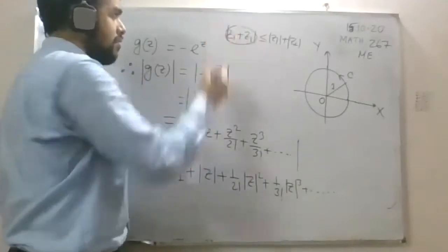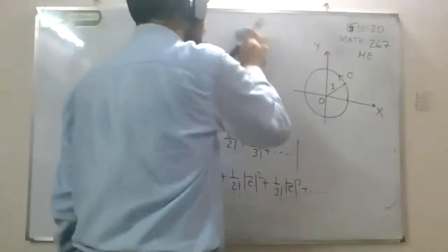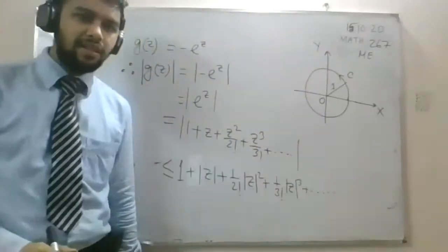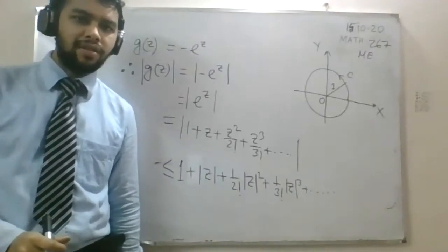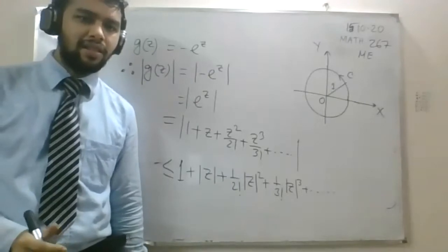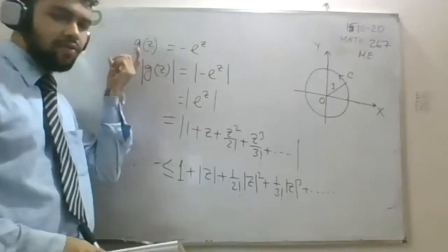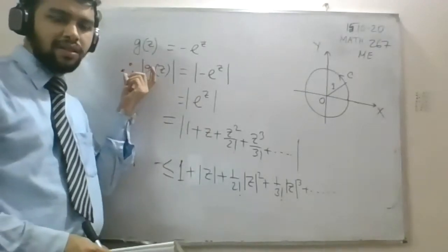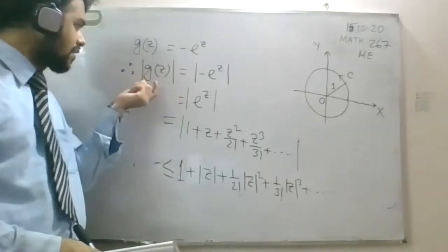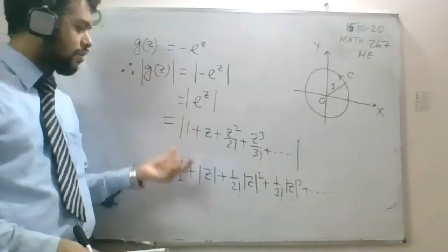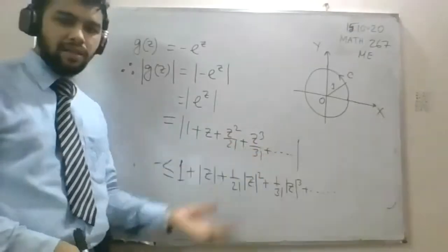This is our g of z. I also told you before that f of z plus g of z and f of z have the same number of zeros. From there, f of z and g of z, you have to show the same number of zeros, and after that, I showed you for f of z that modulus of f of z is greater than e, and also that modulus of g of z equals modulus of 1 plus z plus z square by 2 factorial and so on.